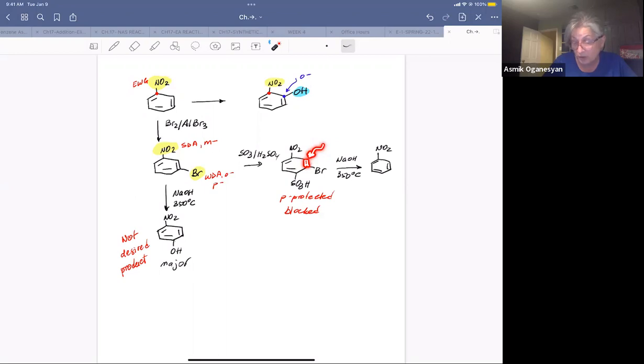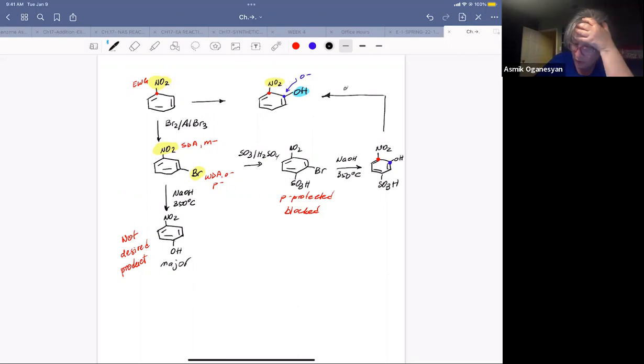It has no other choice. It cannot go over here. Cannot go here. This is taken. So we will put the hydroxy group on. Our protecting or blocking group is still on. We're almost home. We have this position taken. We have this position taken. Both of them are functionalized with the right groups. All we need to do now to go from the intermediate to the final product is to remove the blocking or protecting group. So we're going to use dilute H2SO4. And that will take care of the problem, okay?